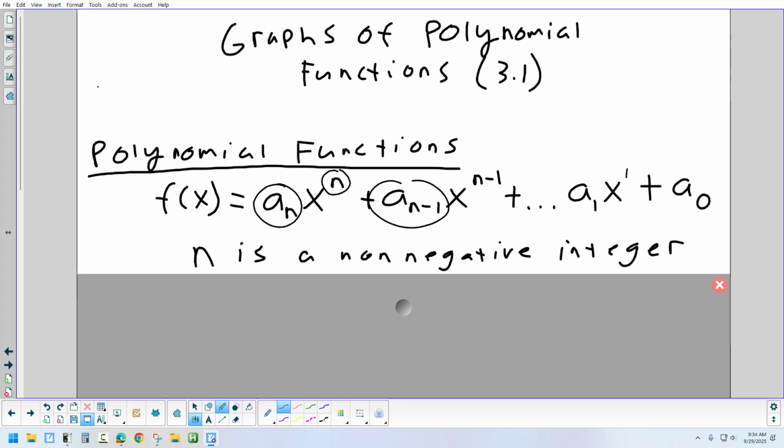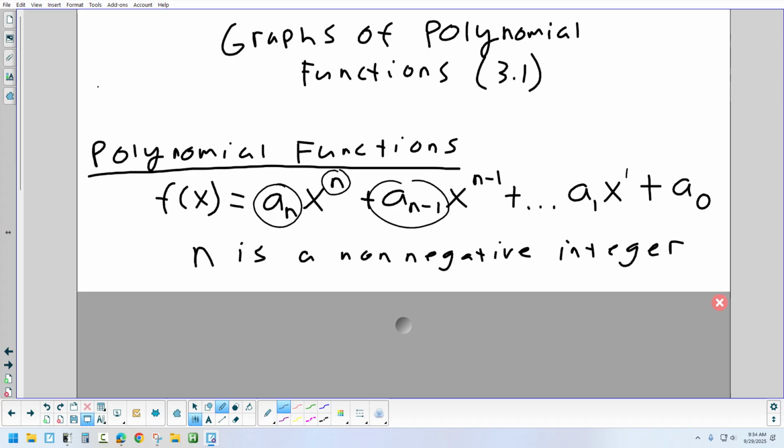You cannot have any negative exponents or decimal exponents in a polynomial. No negatives, no decimals. So this is not a polynomial: x to the 3.4 power. Nope, not a polynomial. This also is not a polynomial.